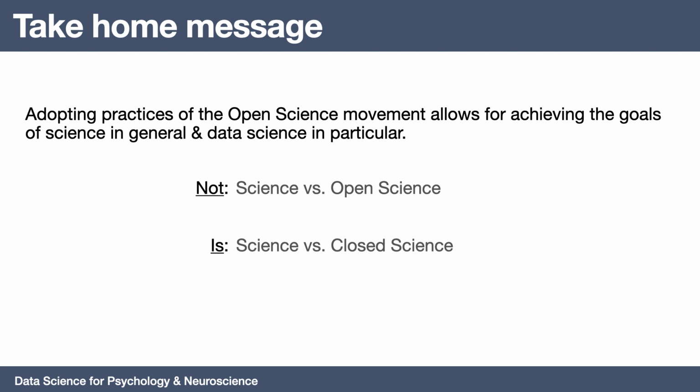I'm going to make the argument that it's incorrect to think about the contrast as being the practice of science versus the practice of open science, which is traditionally how this is framed. I think we've made a good case that open science practices serve the fundamental goals and ideals of science. So instead, I'm going to argue that the contrast should always be thought of as science versus closed science, because fundamentally, openness and transparency are the core ideals of science.